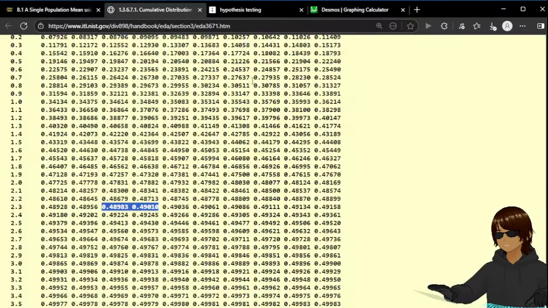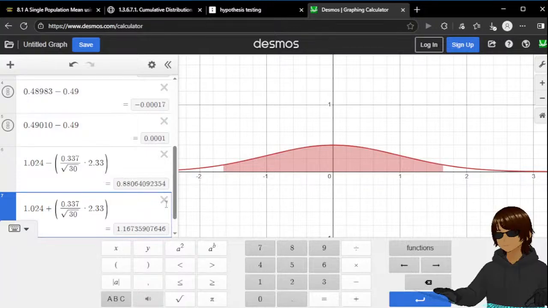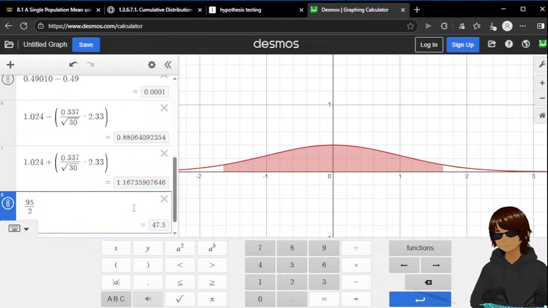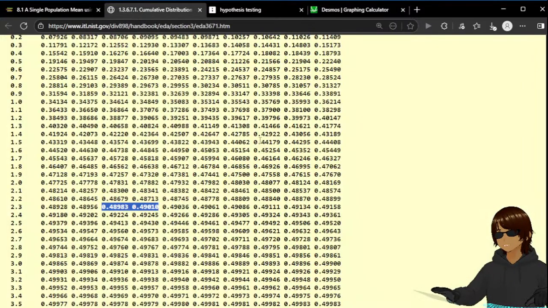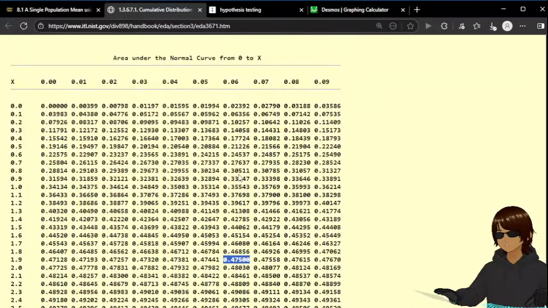Half of 95 is 47.5, so 0.475. It's right here: 1.96.